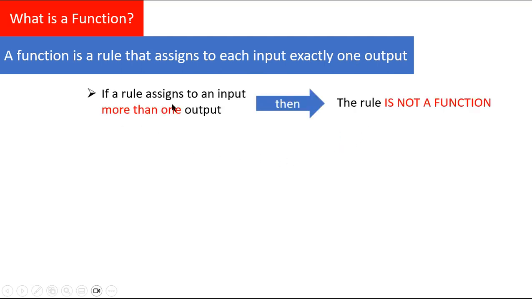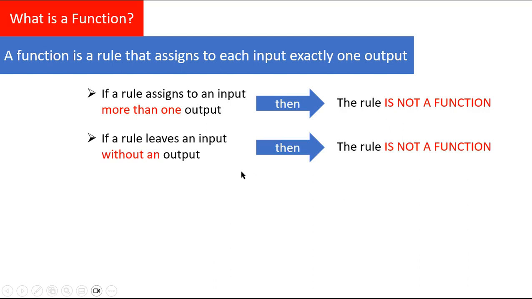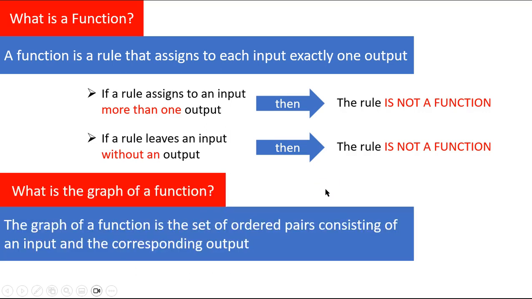So if a rule assigns to an input more than one output, then the rule is not a function. If a rule leaves an input without an output, then the rule is not a function. What is the graph of a function? The graph of a function is the set of ordered pairs consisting of an input and the corresponding output.